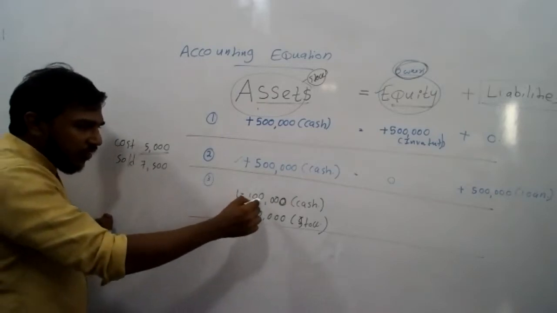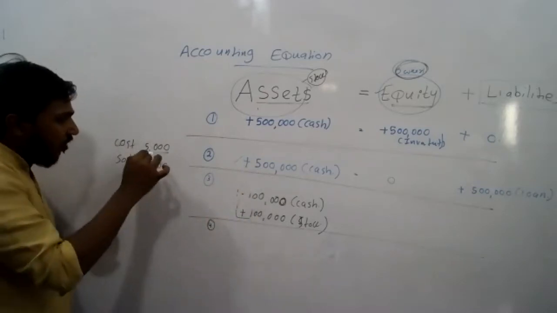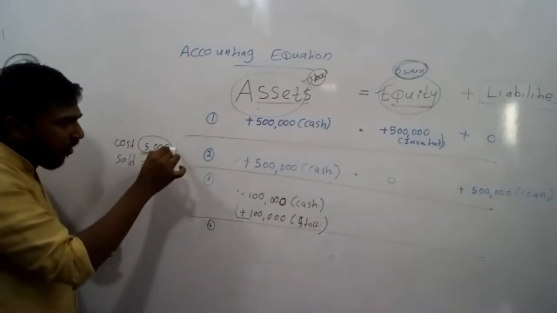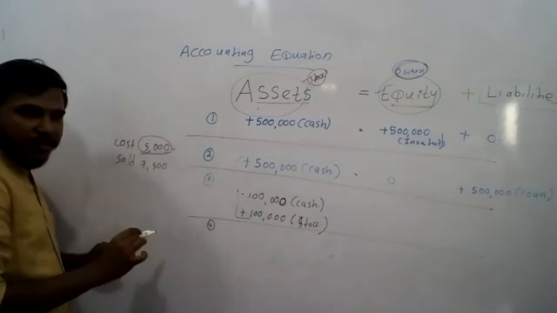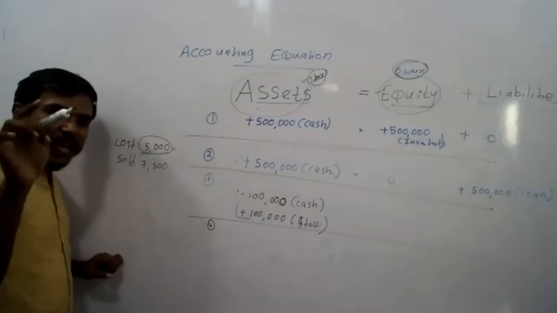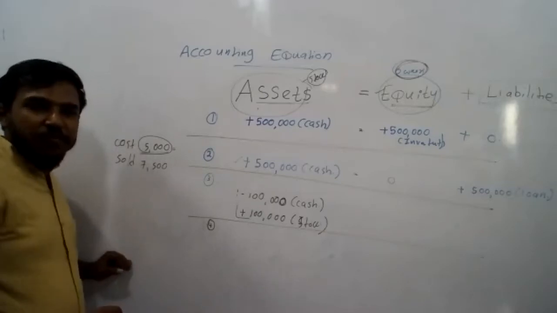So out of this ice cream stock that you have purchased, 5,000 is the cost of the stock. That means 5,000 worth of stock, the purchase price of the stock. If you purchased this for 100,000, are you going to sell this same for 100,000? No, right? Then there's no point of doing a business.